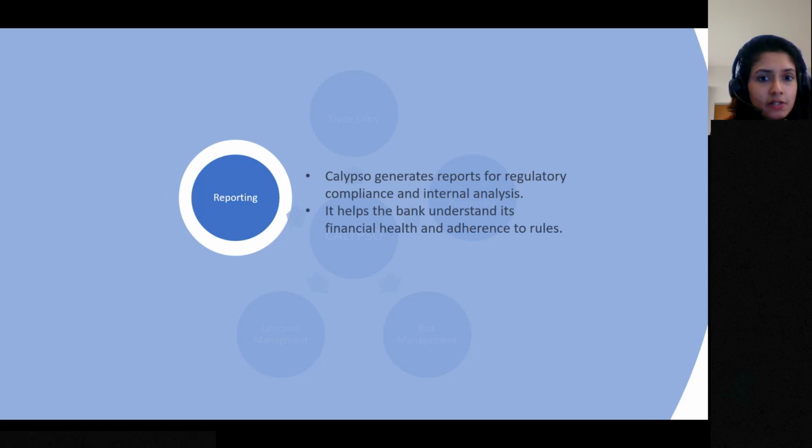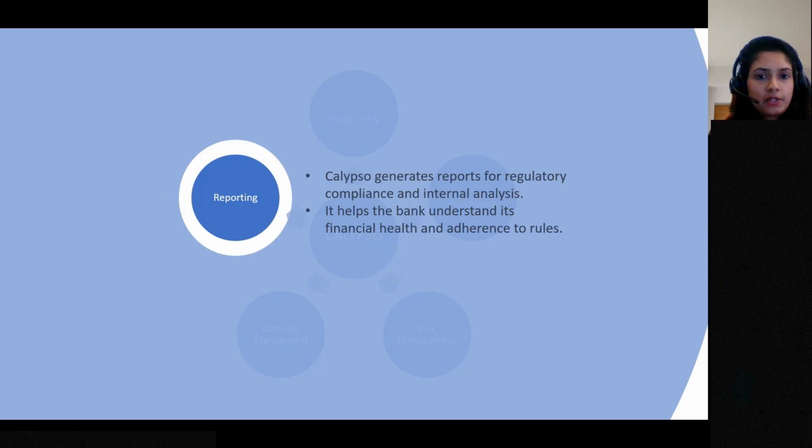But we live in a society of the financial world, and there are hundreds and thousands of banks who are doing transactions. So the settlement has been done, but there has to be some proof, there has to be some record which says that all the transactions that have been made are in compliance with all the rules that have been set by the financial market. So that's when the reporting module comes into the picture.